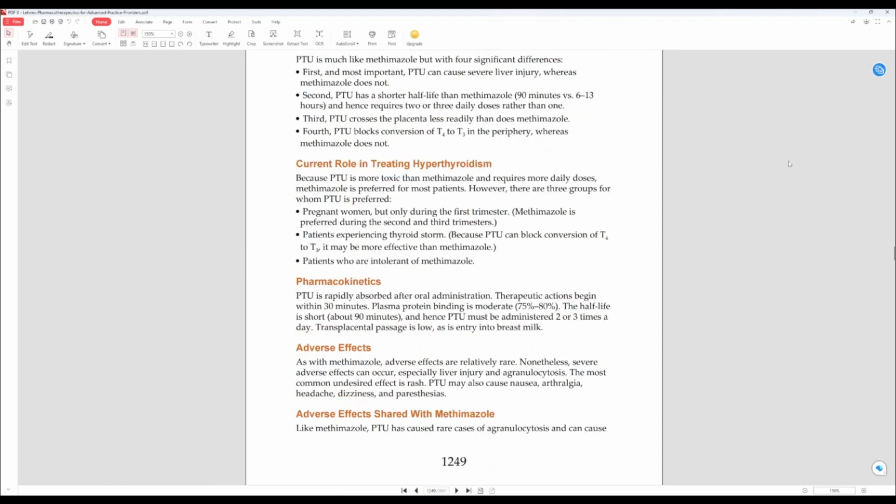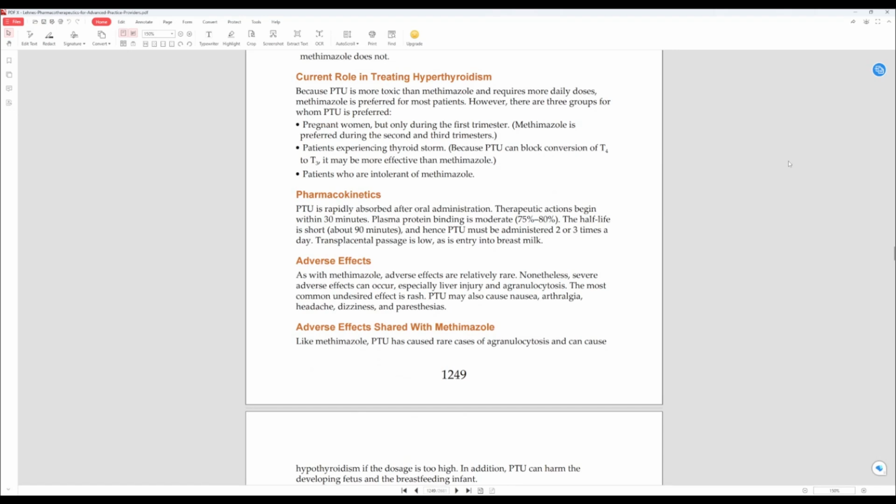So, the current rule in treating hyperthyroidism. Because PTU is more toxic than methimazole and requires more daily doses, methimazole is the preferred route for most patients. However, there are three groups of people who will be prescribed PTU because it's preferable.